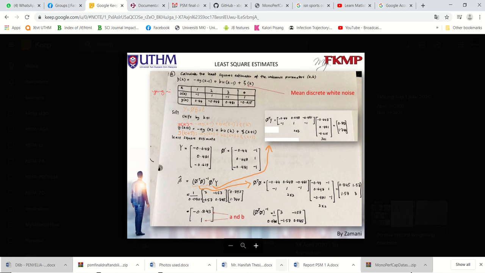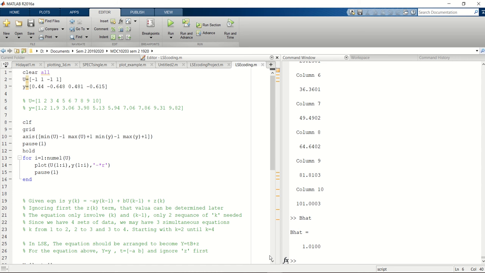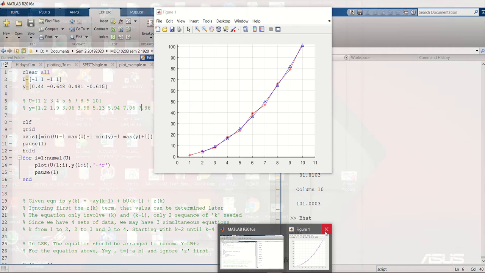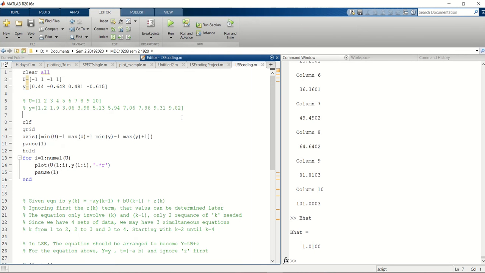Okay, so you go back to our Matlab just now. Alright, so the first thing to do as usual is clear the memory of Matlab, the workspace, by using clear all. Okay, so this is the first line, and then the input U just now I put as a matrix.